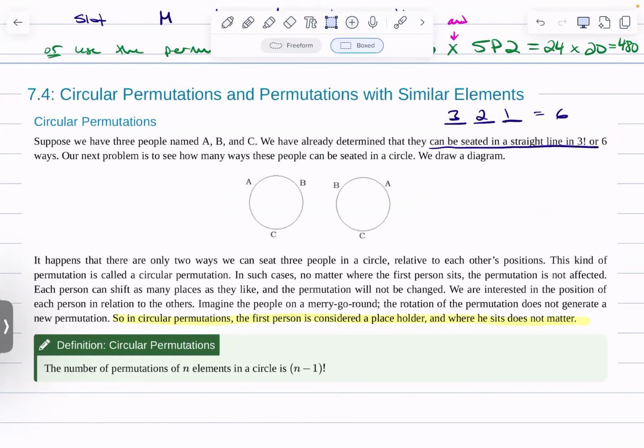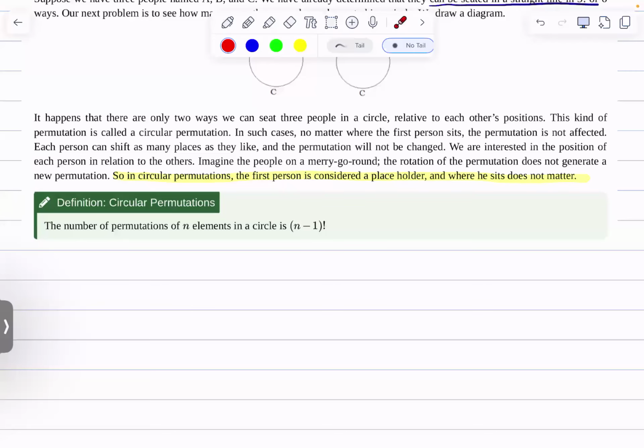Now, I will make a note here because the textbook goes through and develops a proof why the number of permutations of n elements in a circle is n minus 1 factorial. But for us, as long as you remember that, then you're okay.